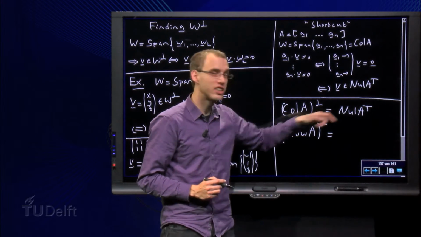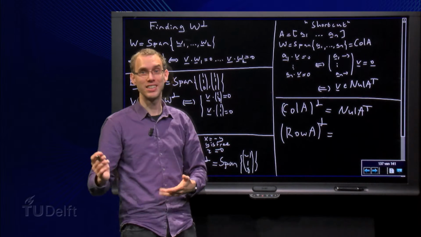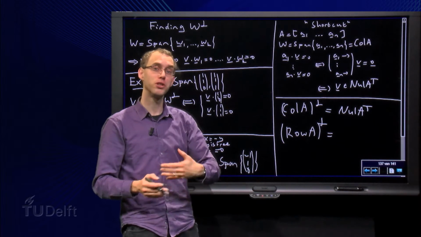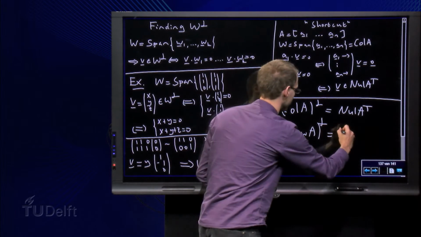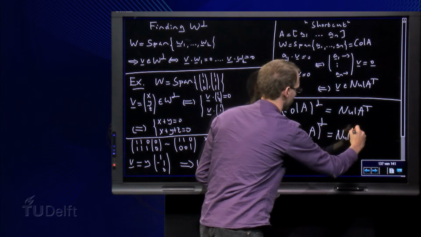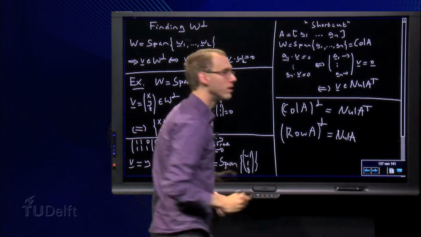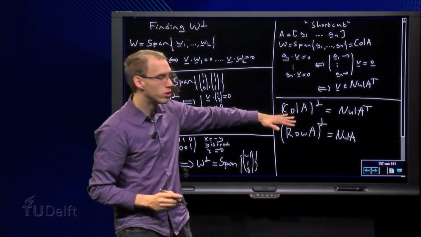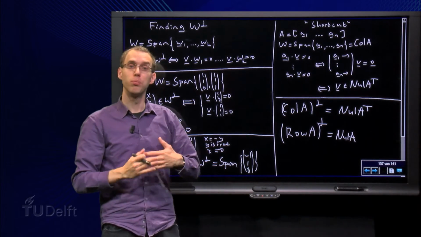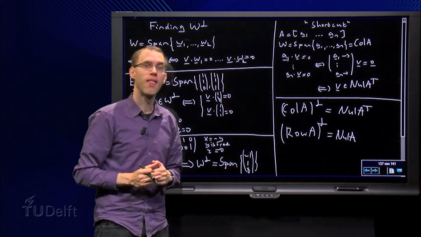But if I interchange rows and columns on the right-hand side, the null space of A transpose just becomes the null space of A. So, there we have two shortcuts in order to compute a W perp.